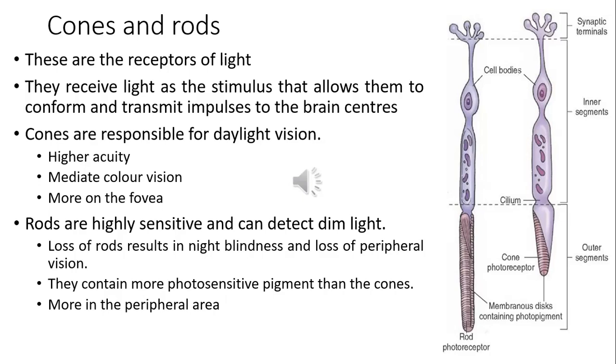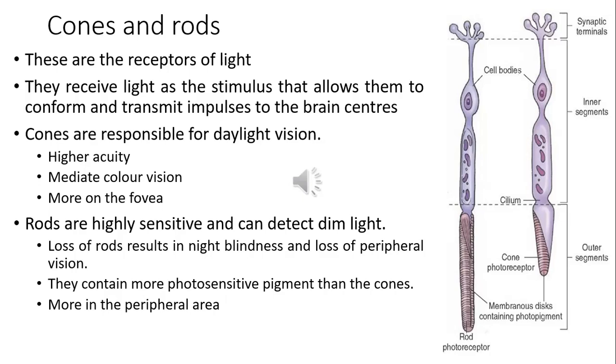Hence, this means that you need a lot of light to stimulate the cone cells, while the rods only require about 1 photon of light for them to be stimulated, okay?